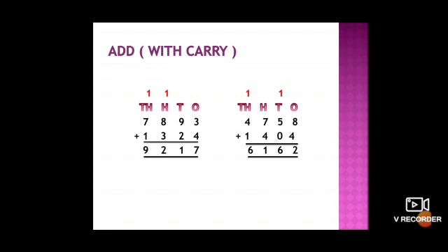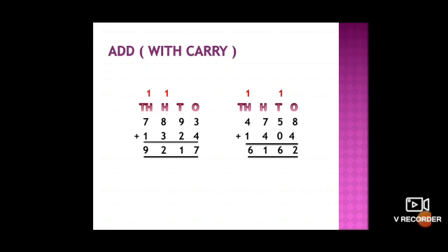Let's add these 3. 1 plus 8, 9. 9 plus 3 is equal to 12. Again, we cannot write 2 digits together in one place. So we will write 2 under and take 1 to the next place, which is the thousands place.